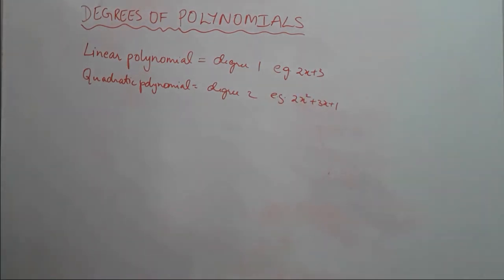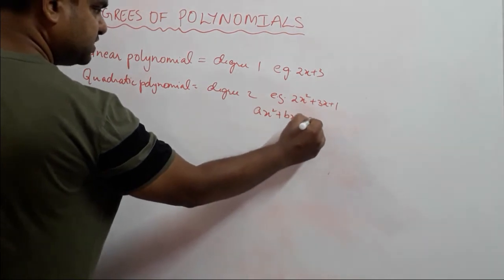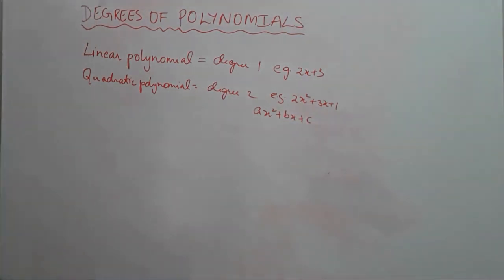So 2x square plus 3x plus 1, in the form ax square plus bx plus c, where a, b and c are real numbers, and a should not be equal to 0.